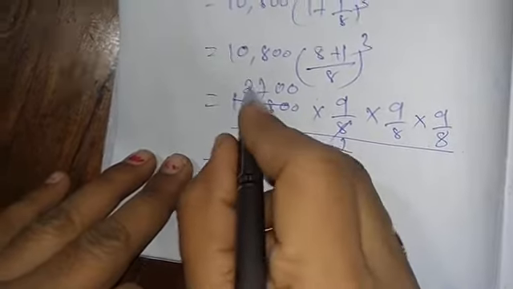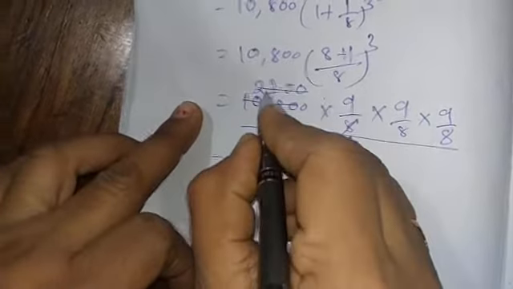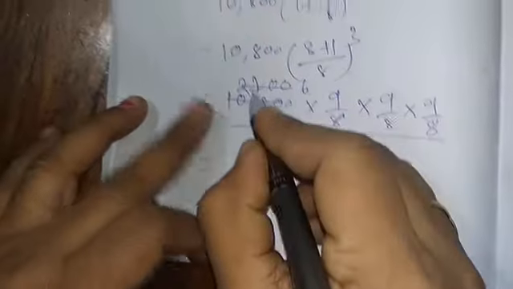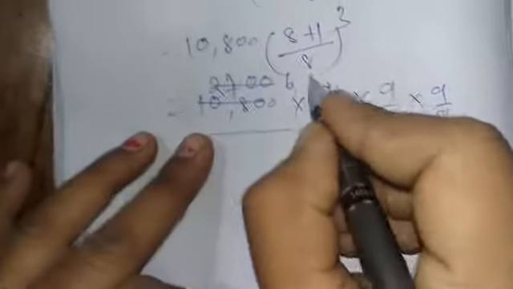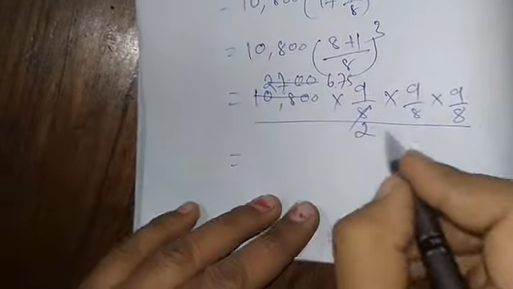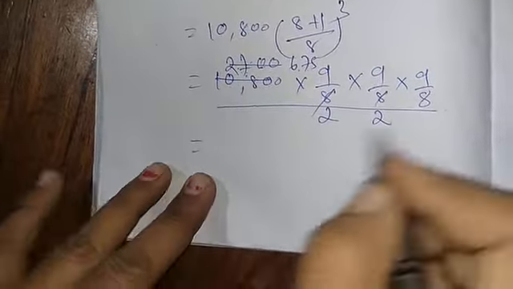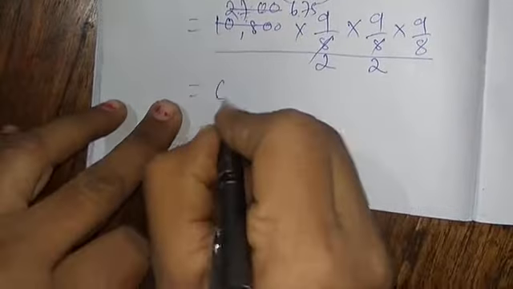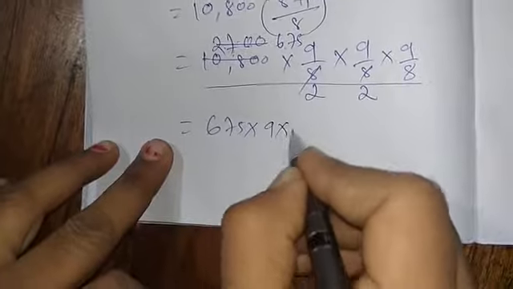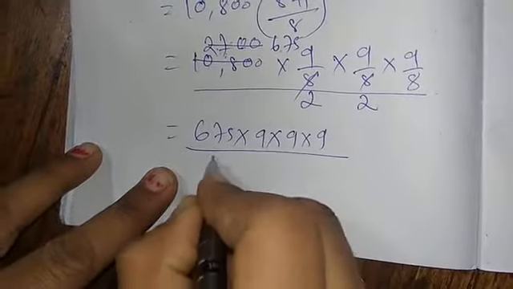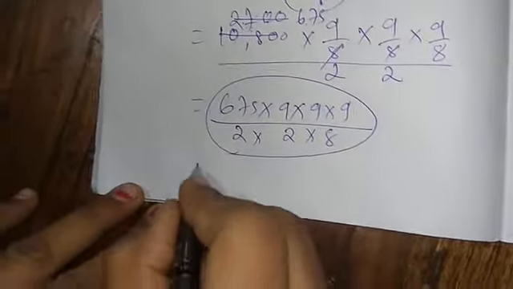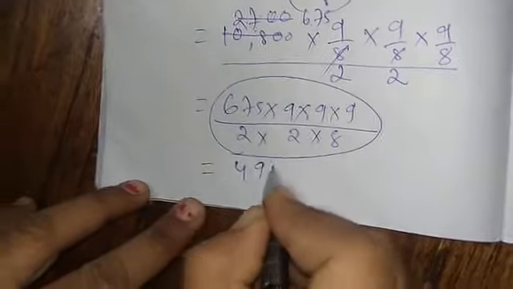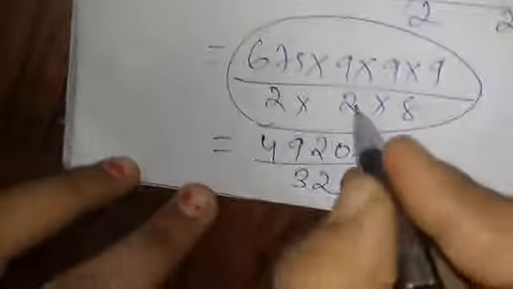Again we divide by 4, 6 4s are 24, 27 minus 24 equals 3, 30, 4 7s are 28, 4 5s are 20, again this gets divided by 4 2s. Next, 675 into 9 into 9 into 9 whole divided by 2 into 2 into 8. After solving all this we get 49207 divided by 32.